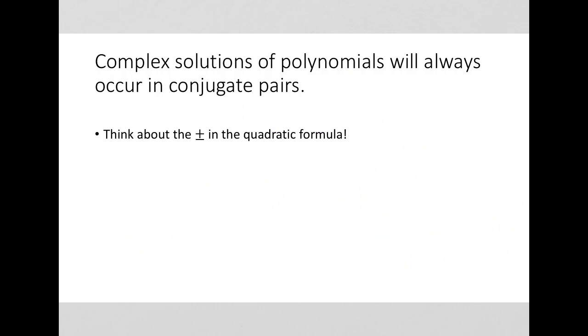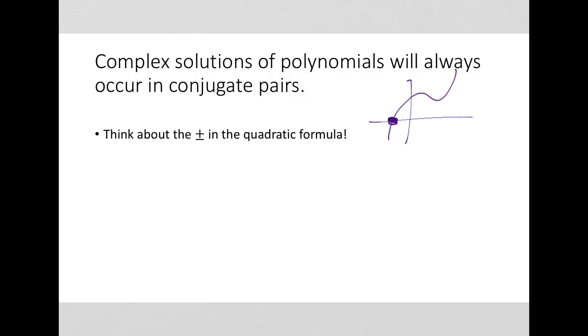So let's now talk about some other cool things. A super awesome property of complex numbers is as follows. If I have, say, some cubic function like that that has one real solution, one x-intercept, well, I know that every polynomial of degree n can have at least n real solutions.